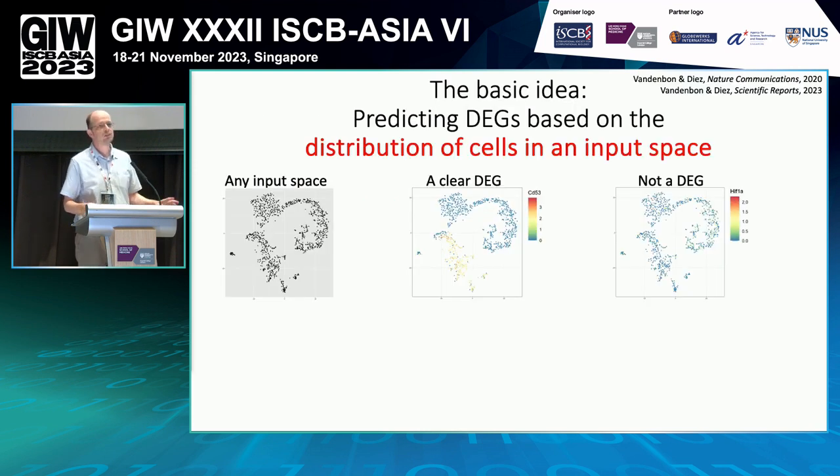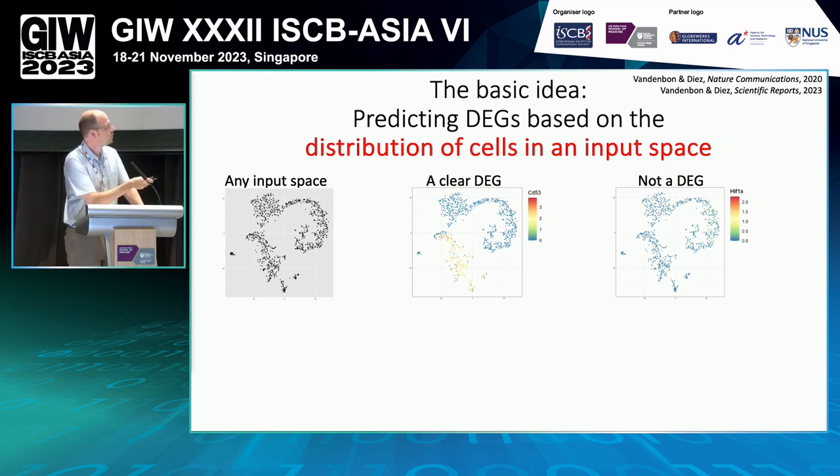Okay, so let me try to explain the concept behind this method. For more details, I want to refer to those 2 papers. The concept is we will not look at clusters and compare between clusters. Instead, I want you to imagine some input space, and we are trying to look at where the cells are within that input space.